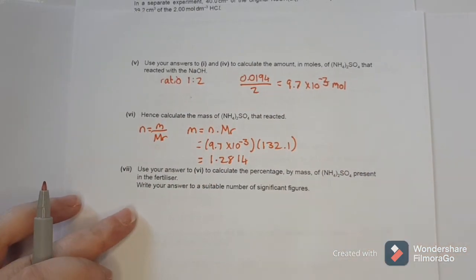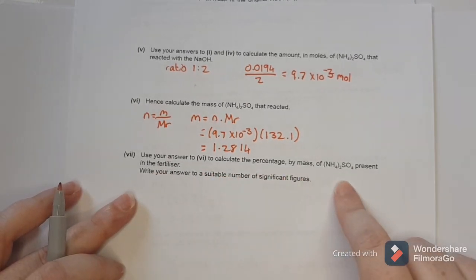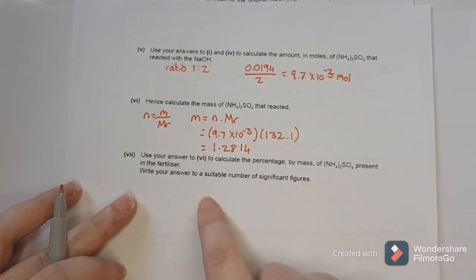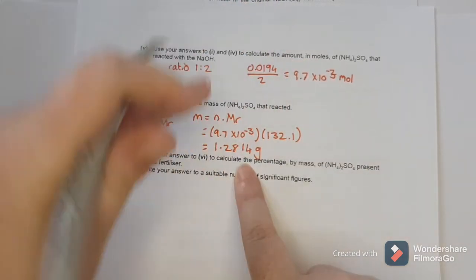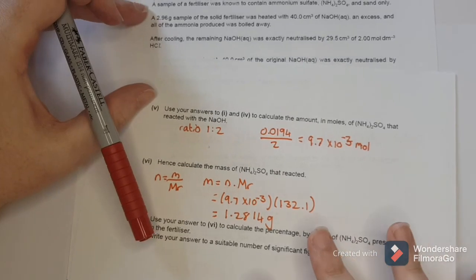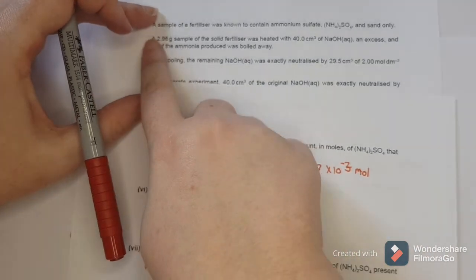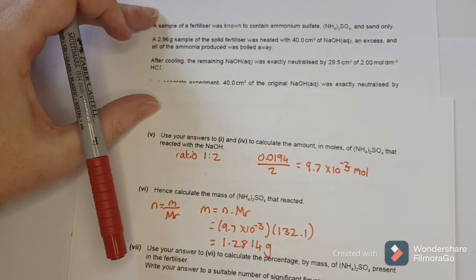So when I type that into my calculator, I get a mass of 1.2814. And then it says, use that answer to calculate the percentage by mass of the ammonium sulfate present in the fertilizer. So this is the grams of the ammonium sulfate. And I was told in the original question, I had a 2.94 gram sample that I was dealing with.